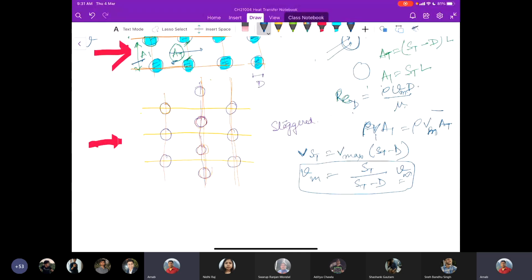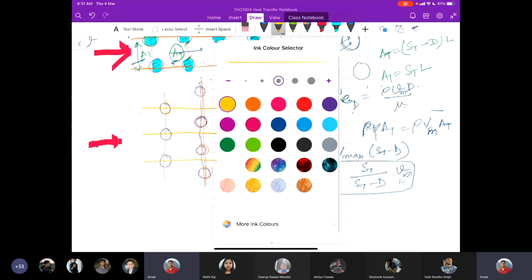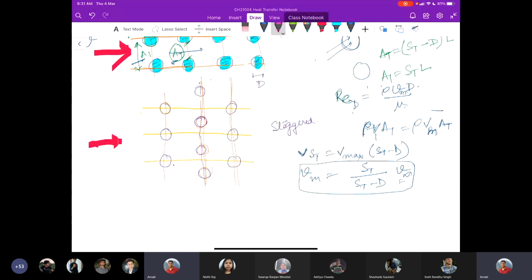In case of staggered arrangement, tell me what the maximum velocity is. For those who didn't get it, let me show the point.